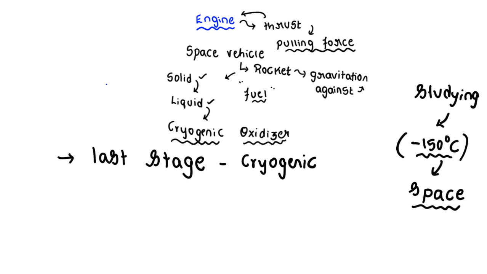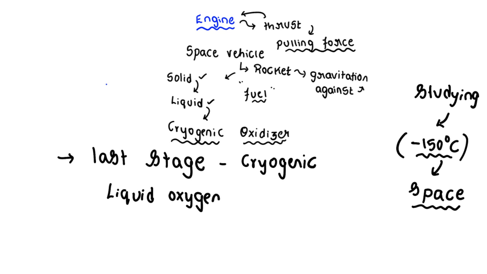Clear? So the efficiency of cryogenic is very great. So from this we got that the efficiency of cryogenic engines is much greater than the conventional engines. So in cryogenic we use the liquid oxygen.